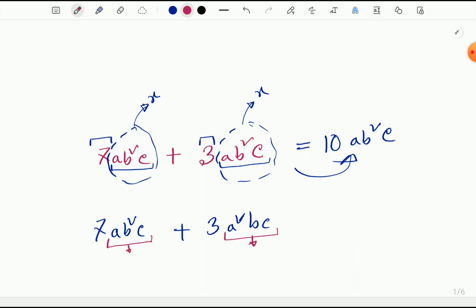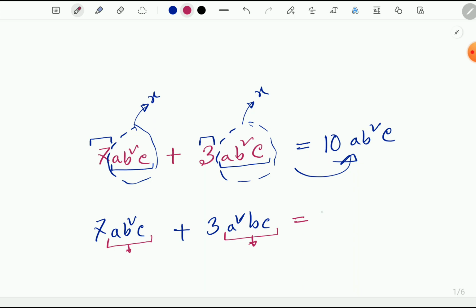Okay, furthermore, we can do one thing, that is taking common. Here we can see that in all cases a, b, c are present, at least one a, one b, one c, so we can take them common.